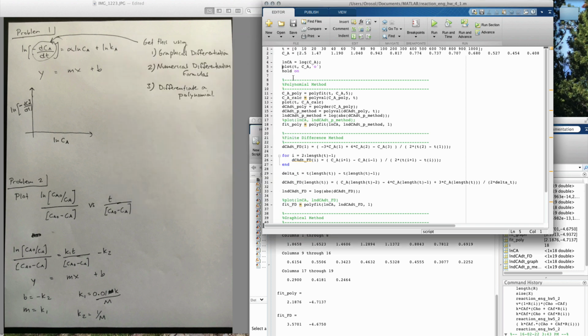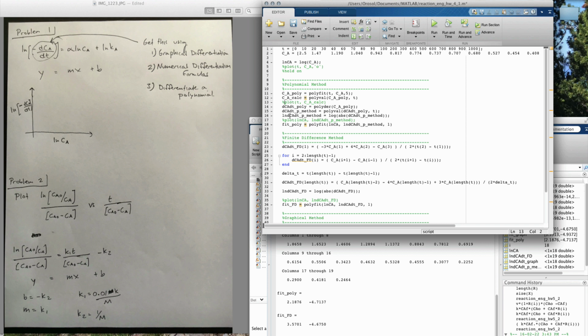So I'm going to mark this out again. Then I took the derivative of it. This polyder is how you can take the derivative of a polynomial. Then I ran this command again, where I calculated the value of the polynomial at each time t, because that's what I need to plot.